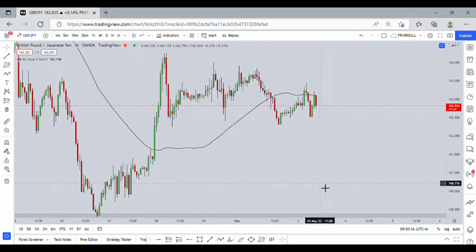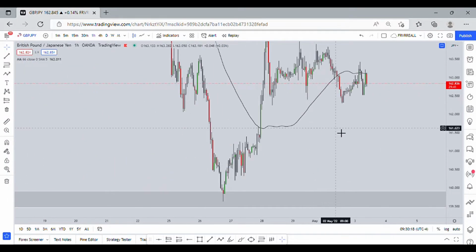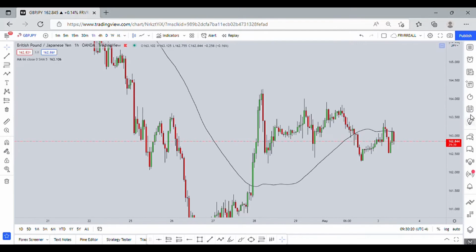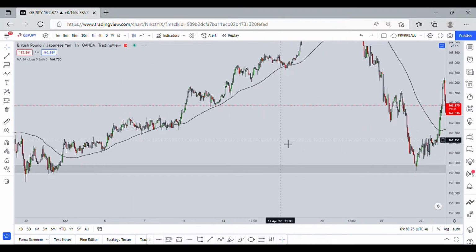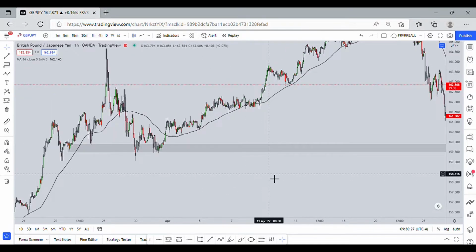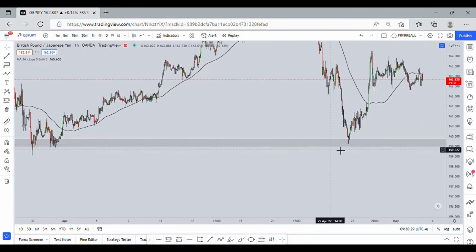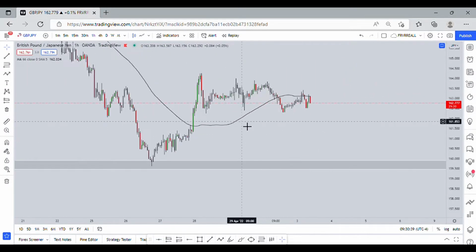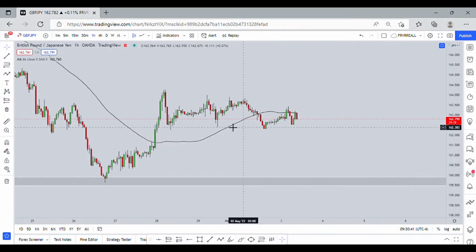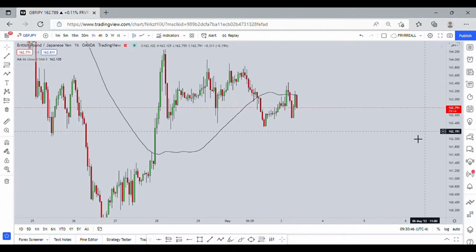Because if a level is so huge that it takes up, I don't know, 50 pips and above, then it's not really a level worth that much, because you don't know when in that level price is going to start to reject or switch to the other side, and you're going to get confused. So I prefer to use the 1 hour and maybe the 30 minutes to find support and resistance, right?